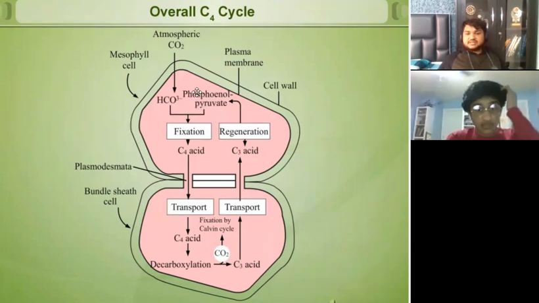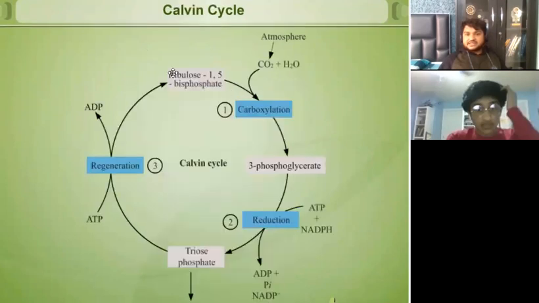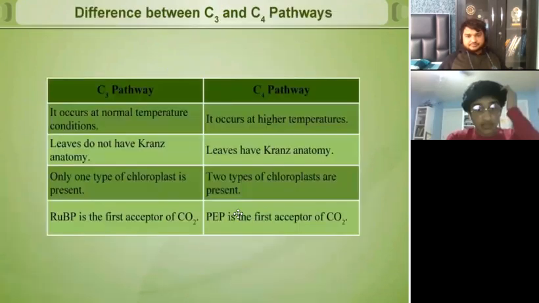So the first carbon dioxide acceptor is PEP, and in the C3 it is RuBP, ribulose 1,5 bisphosphate. And why is it called the C3 pathway? Because the first product of the reaction is 3 carbons. And C4? Same thing, but for four. So this is all about the C3.